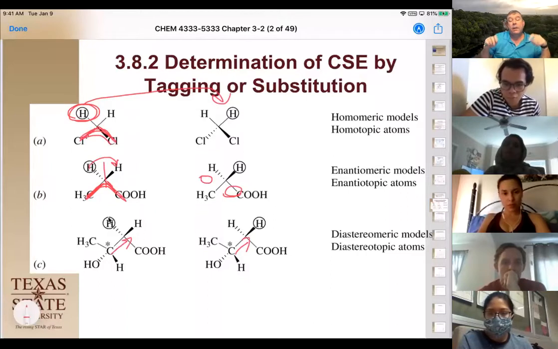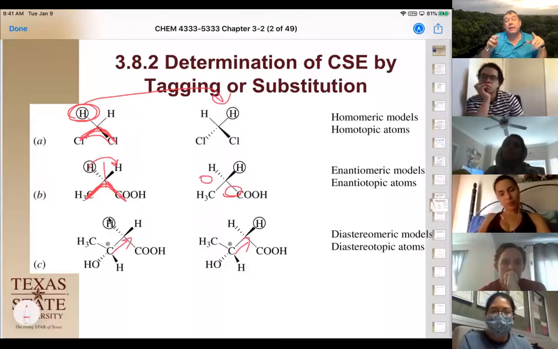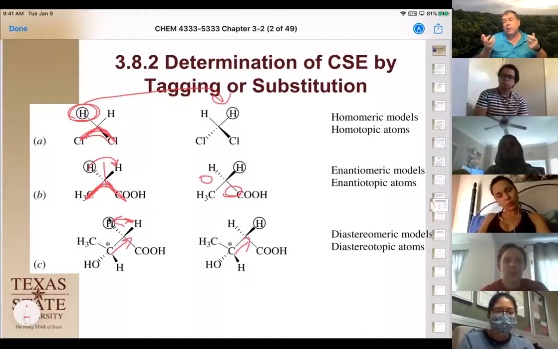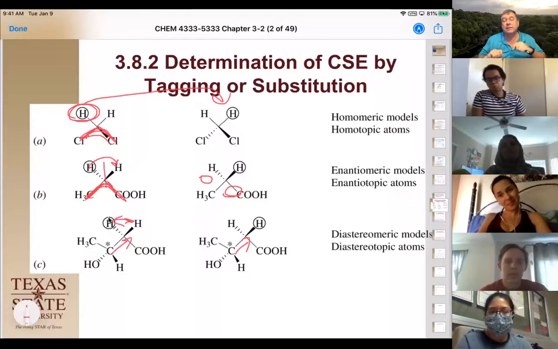And if they are magnetically not the same, they are magnetically diastereotopic, because they would be different. And they would be split differently, even though they seem to be the same in a symmetry element. So this is just one little thing that can complicate things or simplify things. And most of the time, it tends to simplify things through a symmetry element.